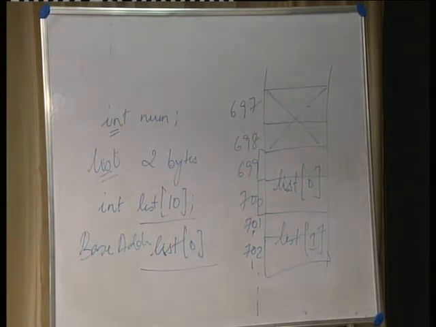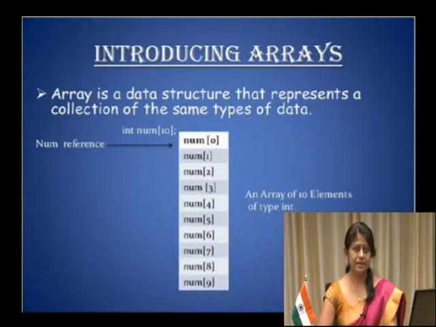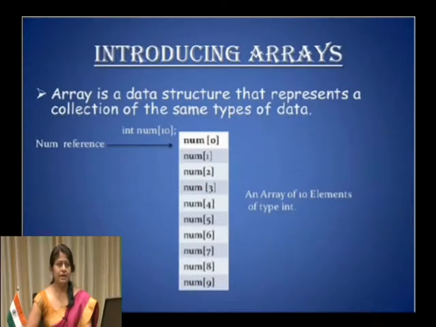Now, coming back to the recap, an array is a data structure that represents a collection of the same type of data. Here, as you see, you have an array called num.